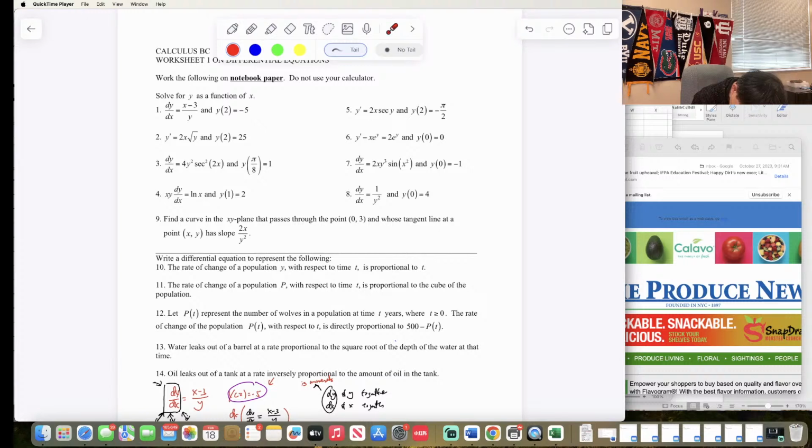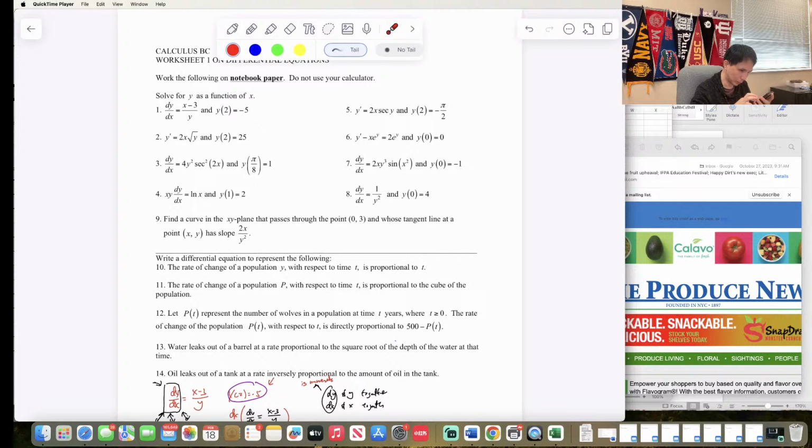So it'd be 2y plus 1 squared, right? 2 times y plus 1. So don't you add 1 and then put it over?